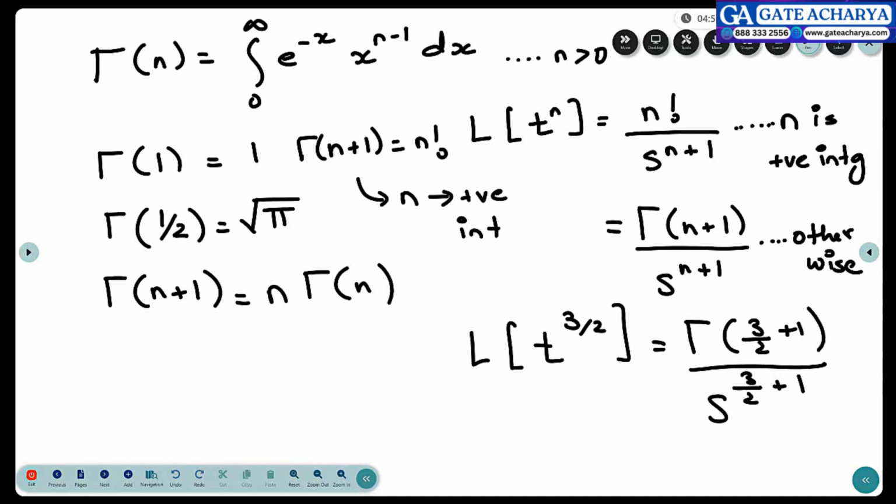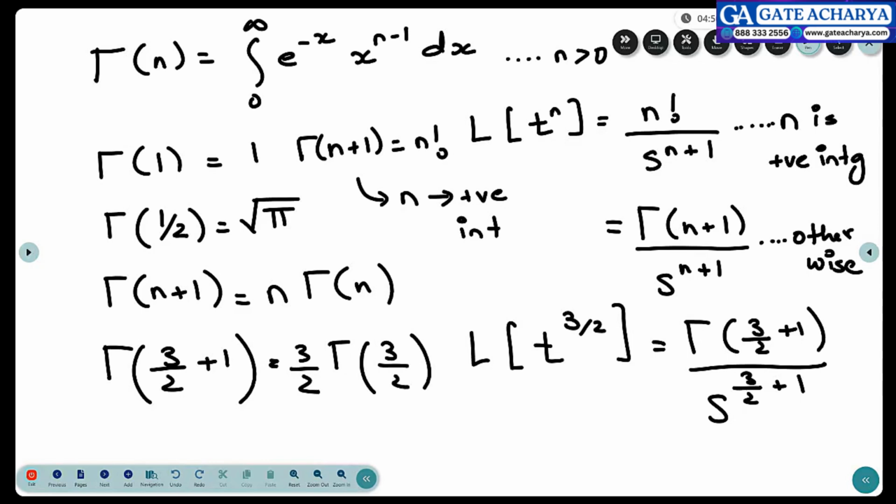So gamma function of what I want to find? 3 by 2 plus 1. According to the rule, gamma function of 3 by 2 plus 1 is 3 by 2 times gamma function of 3 by 2. Again, I know the value for 1 by 2. So I apply the same property: 3 by 2 can be written as 1 by 2 plus 1.